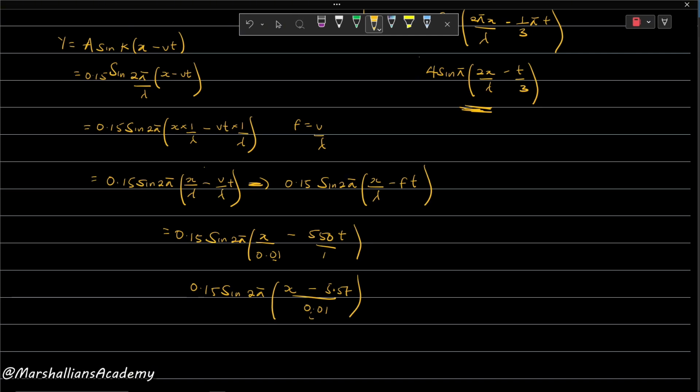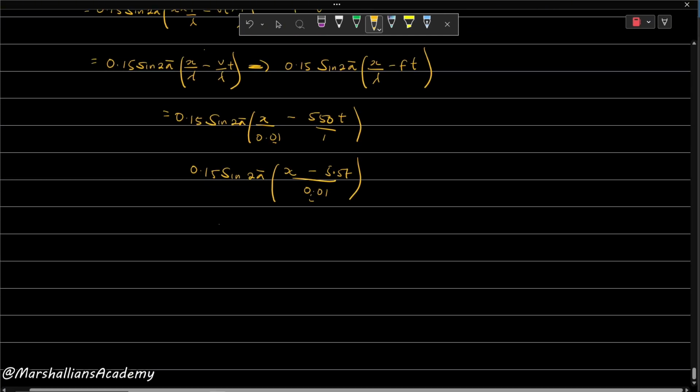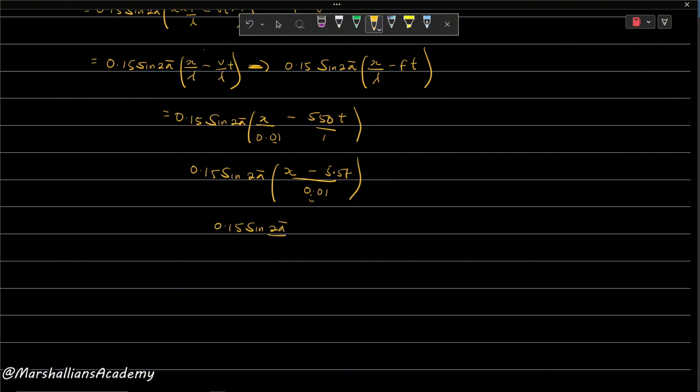Now we can factor the 0.01 outside, and I'm going to be having 0.15 sine 2 pi over 0.01 into brackets x minus 5.5 t. Are we together? 2 pi over 0.01 gives us 200 pi. So I'm going to be having sine 200 pi into bracket x minus 5.5 t. And I think this is the simplest answer for my equation.